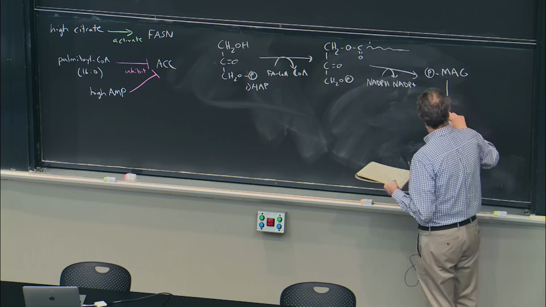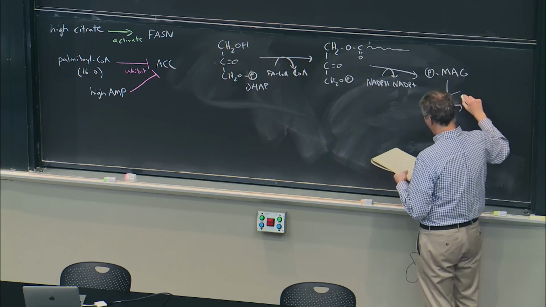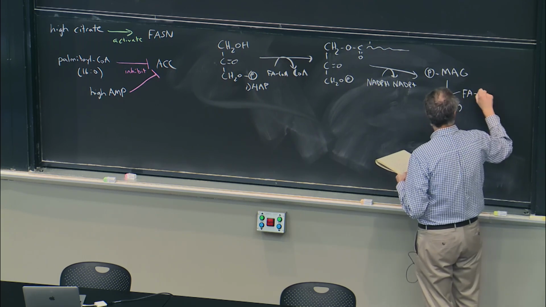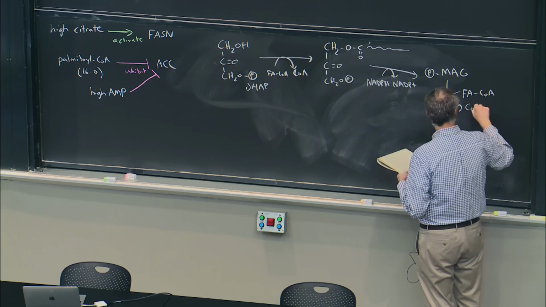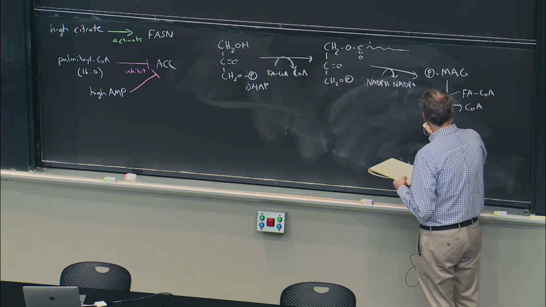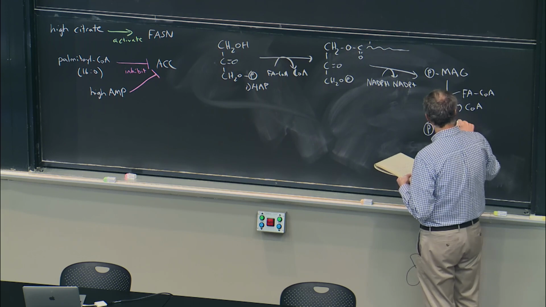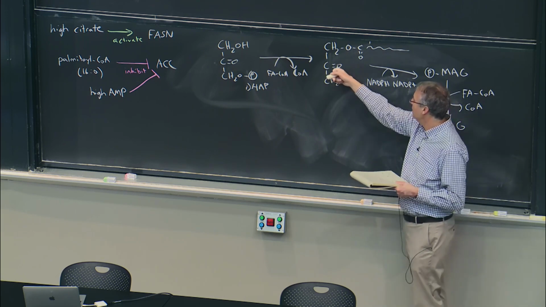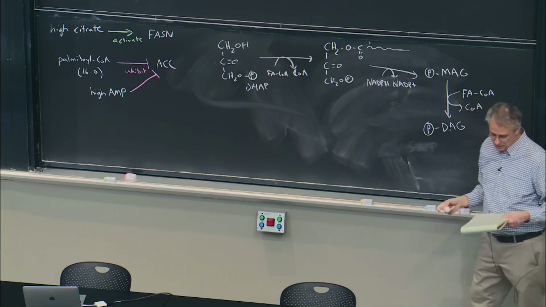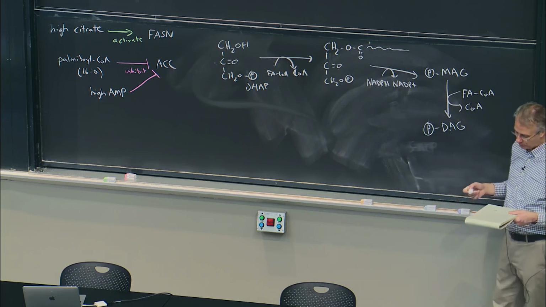Now come on, add another fatty acyl-CoA, releasing the CoA. That gives us a phosphodiacylglycerol. So now a fatty acid is esterified to that middle carbon.